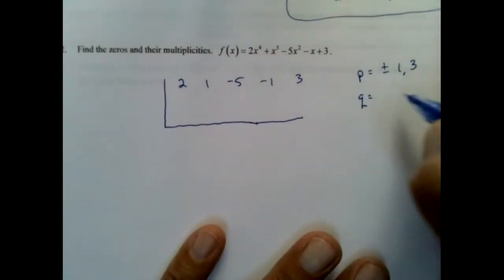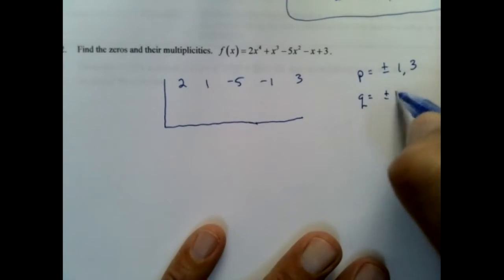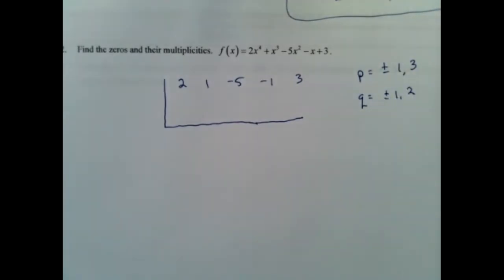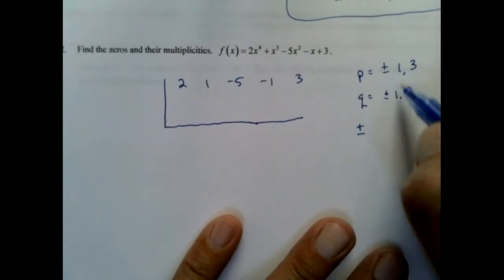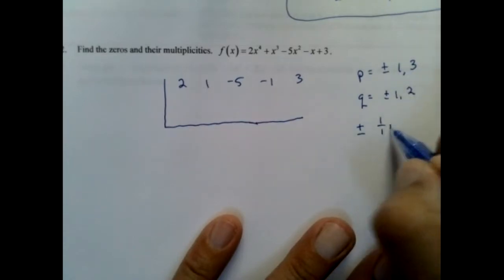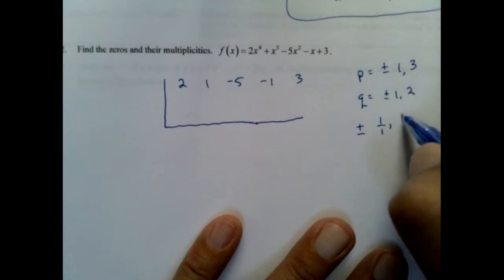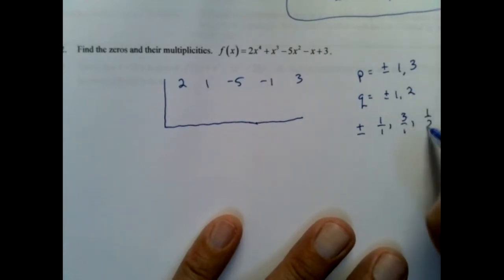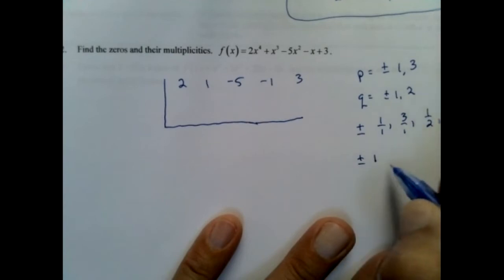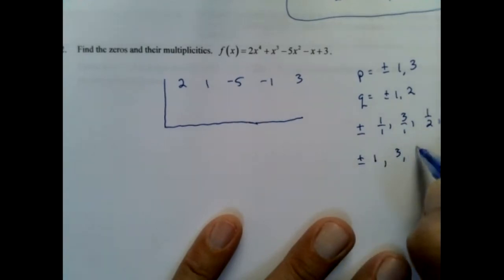Q is going to be the factors of the leading coefficient, which are 1 and 2. Now I'm going to do all the combinations: plus or minus 1 over 1, which is just 1, 3 over 1, which is just 3, 1 over 2, and 3 over 2. Let me clean this up: plus or minus 1, plus or minus 3, 1/2, or 3/2.